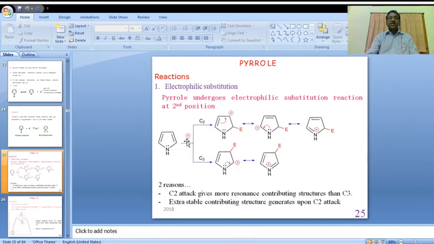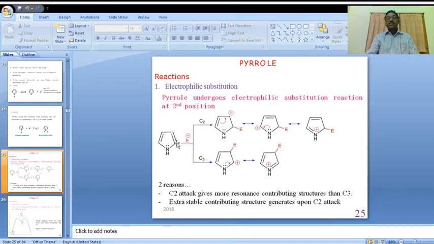Pyrrole on reaction with an electrophile, a positive species, generally the positive species attacks the cyclic ring. If the electrophile attacks the second position, a pi bond breaks, and the pi bonded electrons shift to C2.